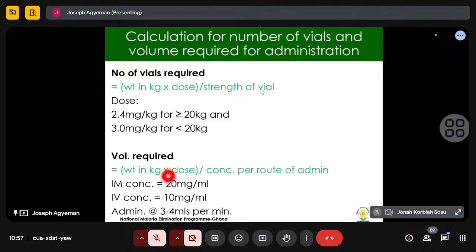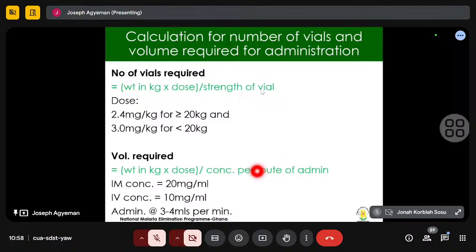Volume required is equal to the same numerator as the vials, the weight of the patient times the dose. But in this case, per the route that you are going, if it is IM, we said the concentration is 20 milligram per ml. You put 20 there. If it is IV, it's supposed to be 10 milligram per ml.